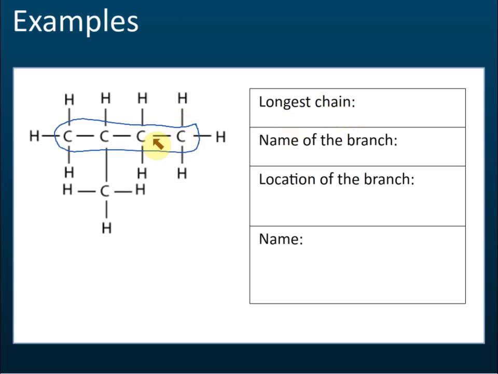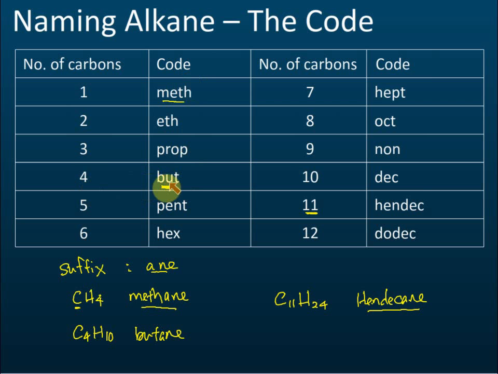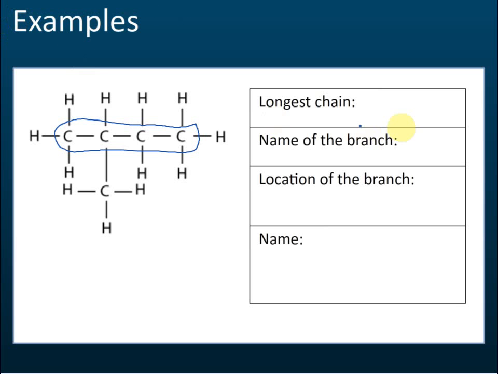The longest chain has 4 carbons, and if it has 4 carbons, the name starts with but, and this is alkane, so the name of the longest chain is butane. That's the first thing.